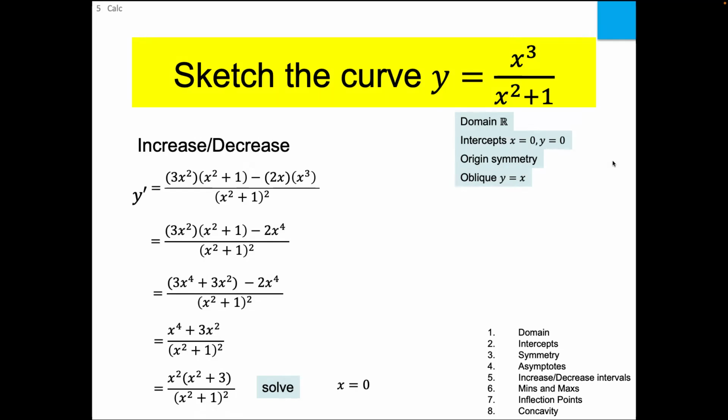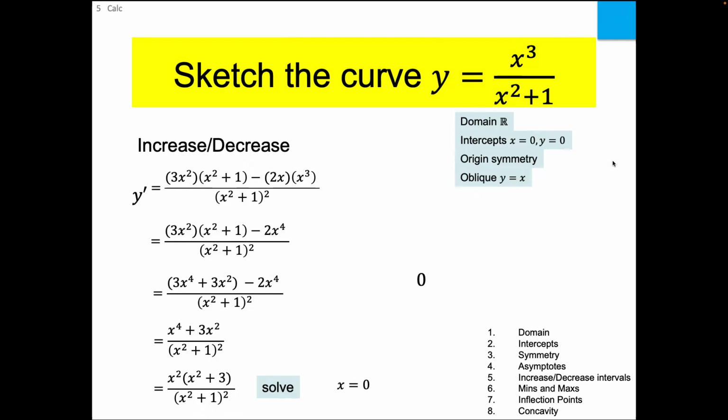Put it down below. Then we pick numbers left and right of 0. You're picking negative 1 and 1, and we would just look at the domain to make sure that's okay. So negative 1 and 1, and we throw these values into the first derivative. You can either throw it into this one or this one, it doesn't matter which one you want.